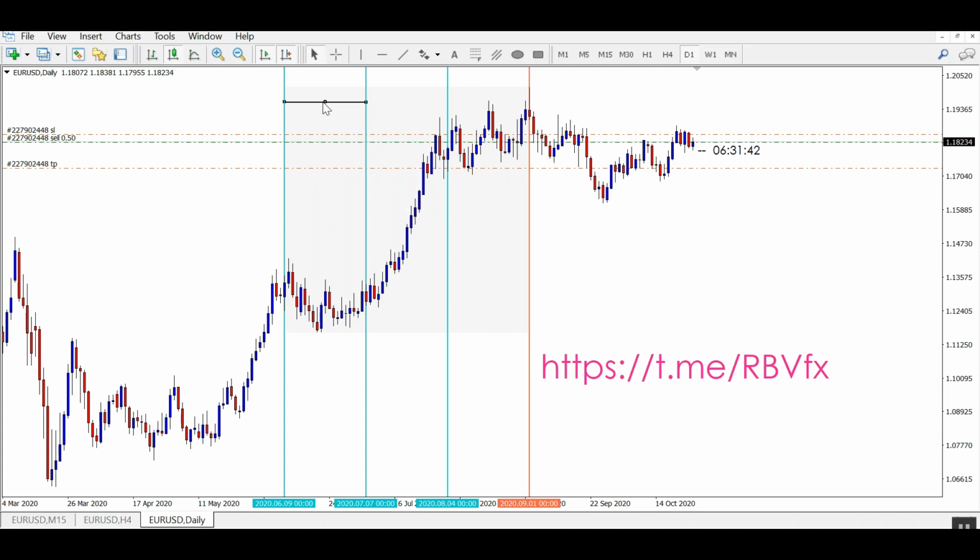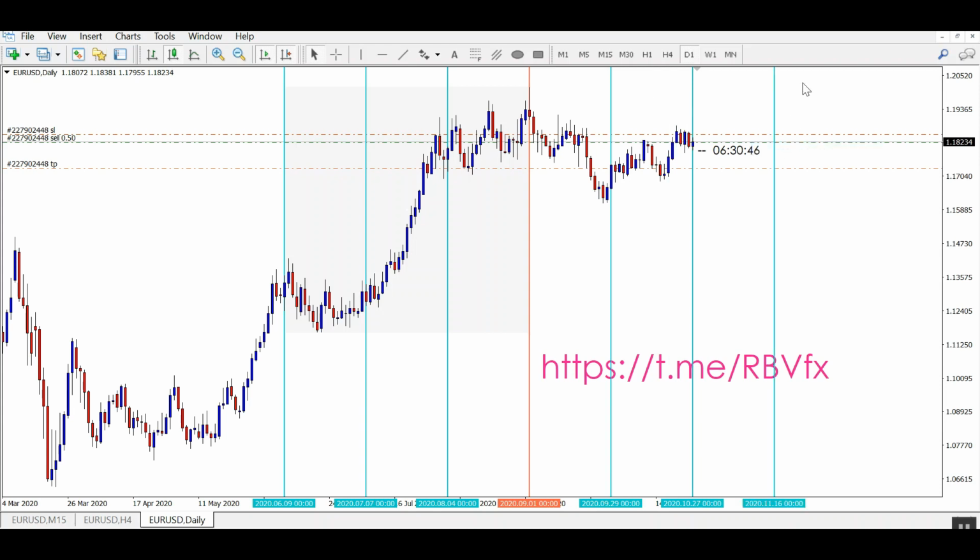We're going to do the same thing: take this line and start duplicating the vertical blue lines. These are the first 20 days after the reversal has taken place, and these are the next 40 days. So we have defined another 60 days in advance in the future, starting from our reversal point.